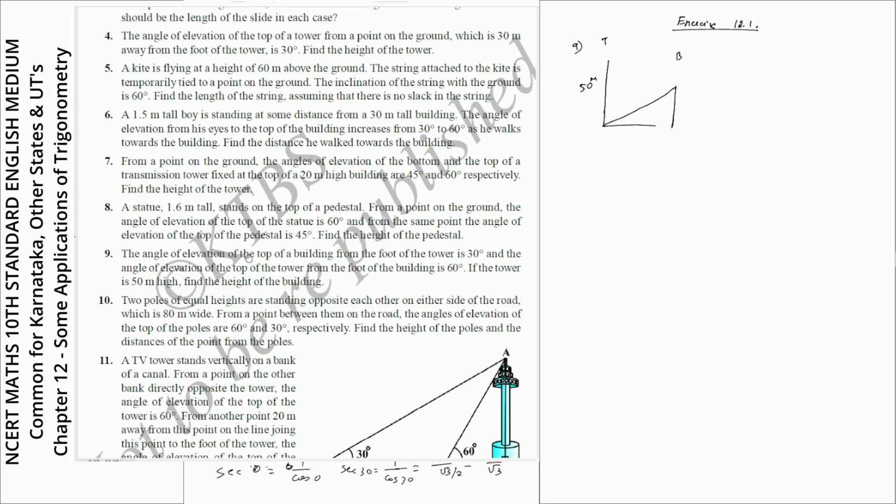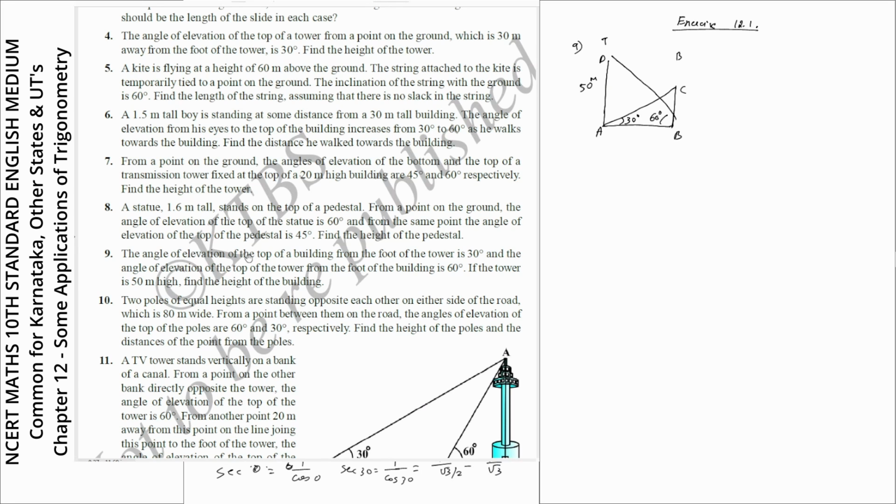So this is 30 degree, and from the foot of the building, the angle of elevation to the top of the tower is 60 degree. So this is 60 degree here. Now I should find the height of the building, okay. I'll name this as A, B, this as C, and this as D, okay.